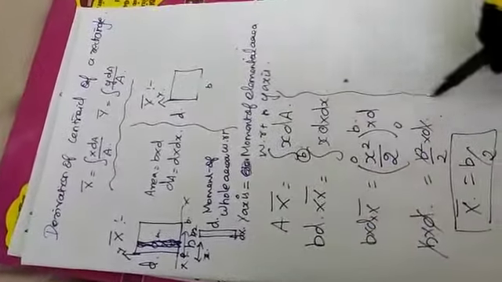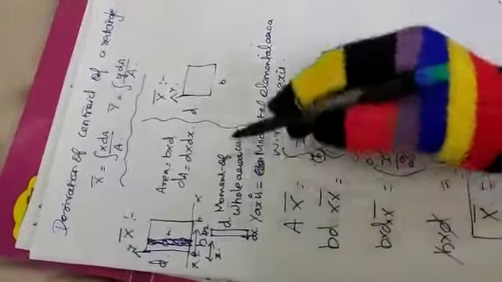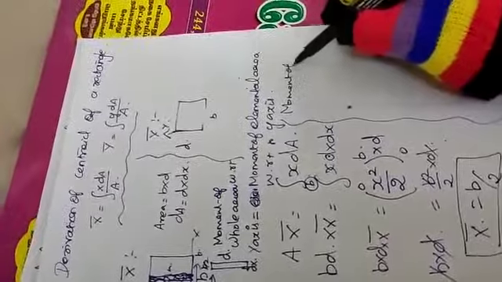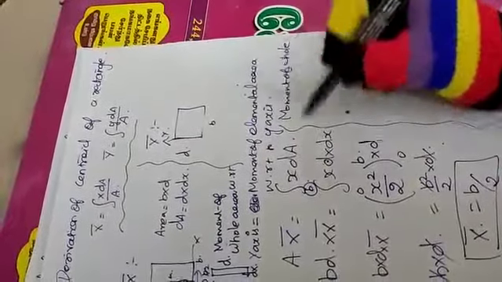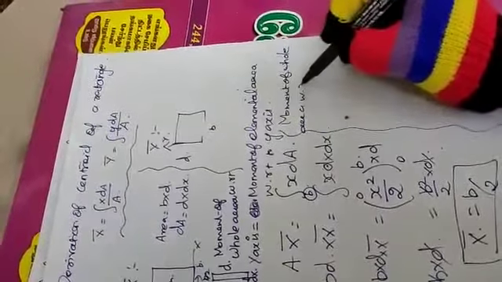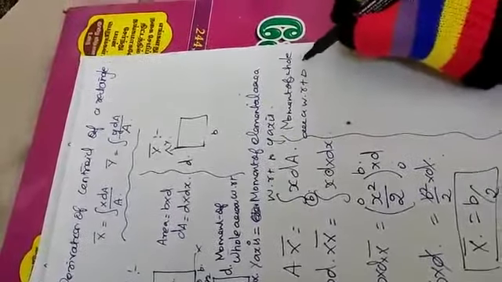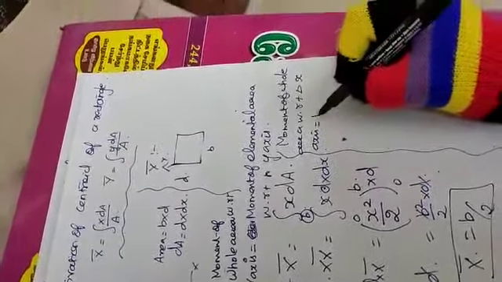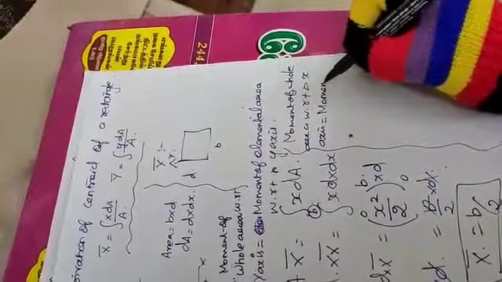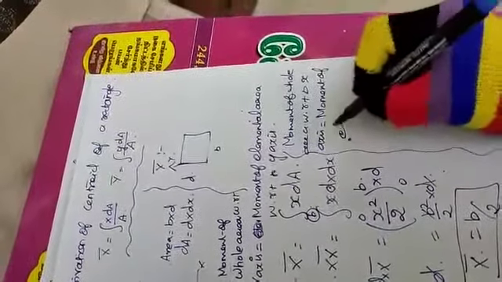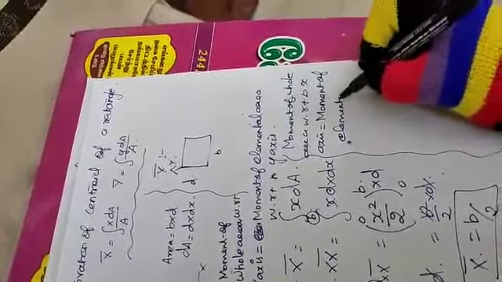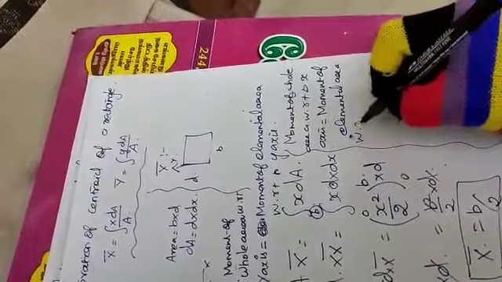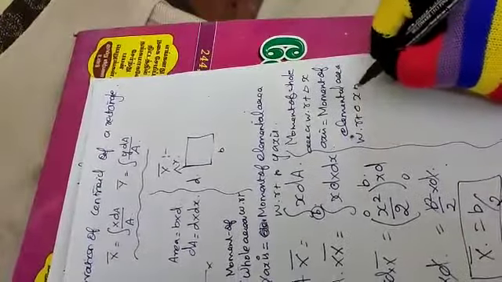Similarly for y bar, the moment of the whole area with respect to the x axis is equal to the moment of the elemental area with respect to the x axis.